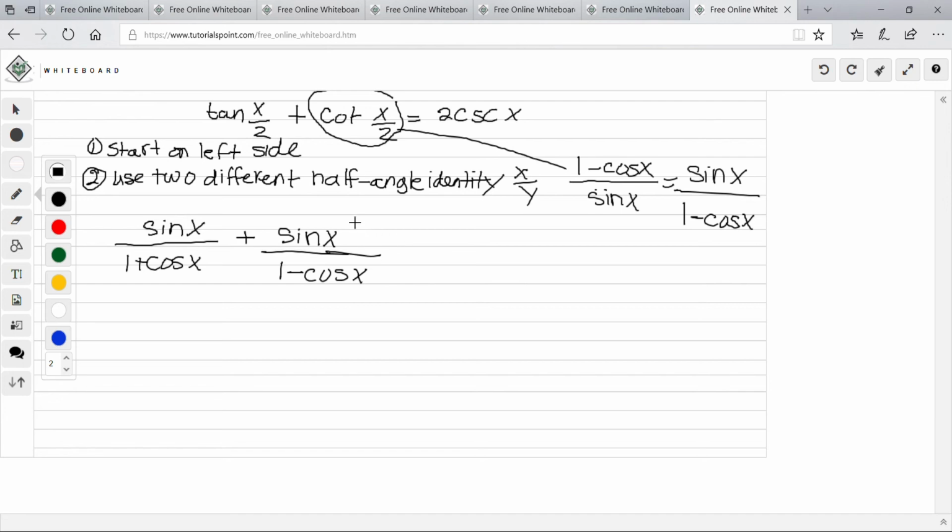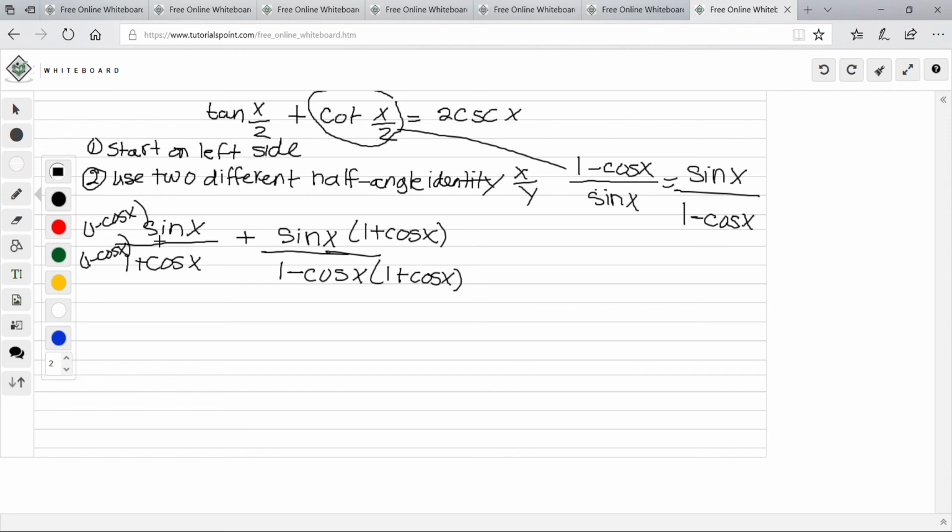Okay, so now I'm going to multiply the top and bottom by the common denominator. So for this side, I'm going to multiply it by 1 plus cosine x. And then over here, we're going to multiply it by 1 minus cosine x. Okay, so let's do the left side. Let's start with the numerator.